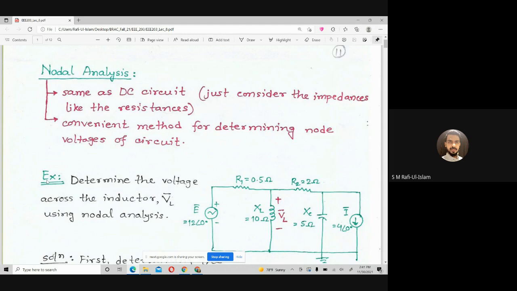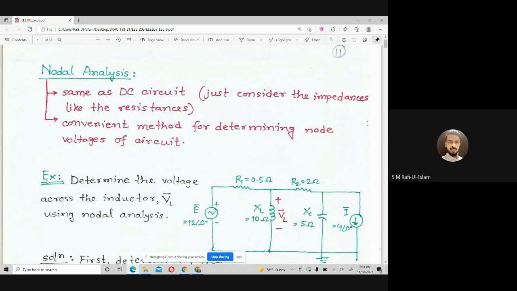If we go for nodal analysis, we get the node voltages of the whole circuit. On the other hand, mesh or loop analysis gives us the loop currents. So this is our target.